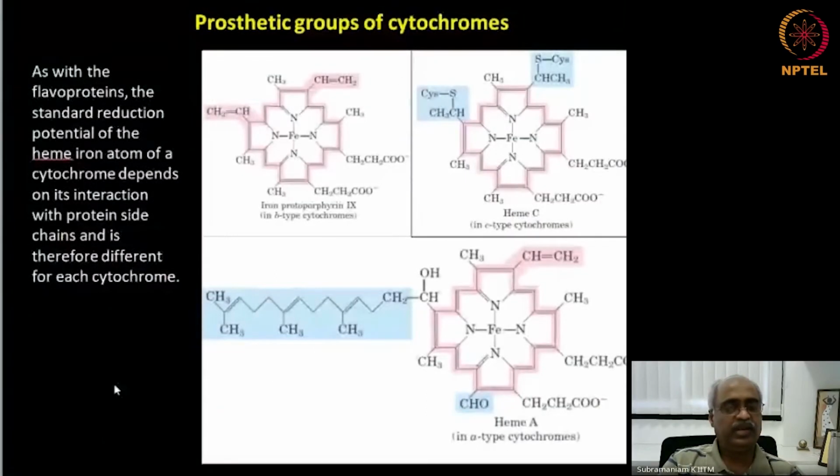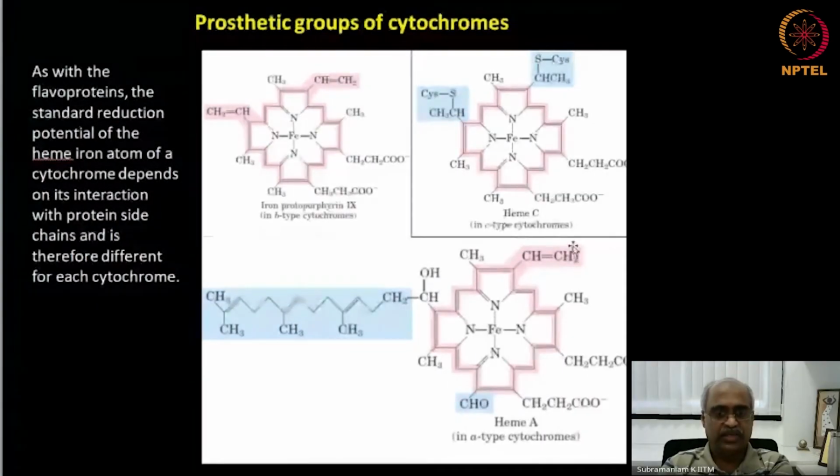The next set of electron carriers we are going to look at are the cytochromes. They are of three types: cytochrome a, cytochrome b, and cytochrome c. These proteins contain the structure shown here, the porphyrin ring, the pink conjugated double bond structure. This is what we call the heme moiety, present in these cytochromes as a prosthetic group.